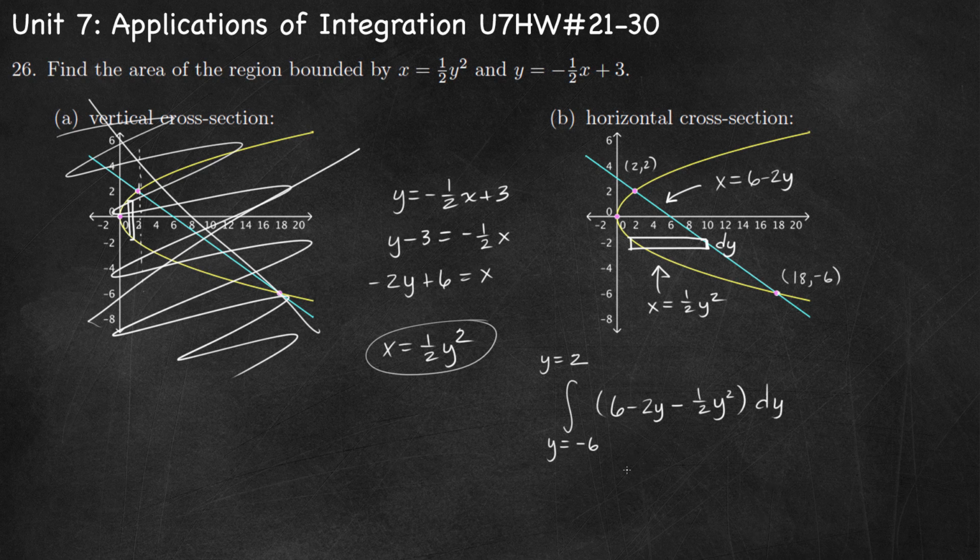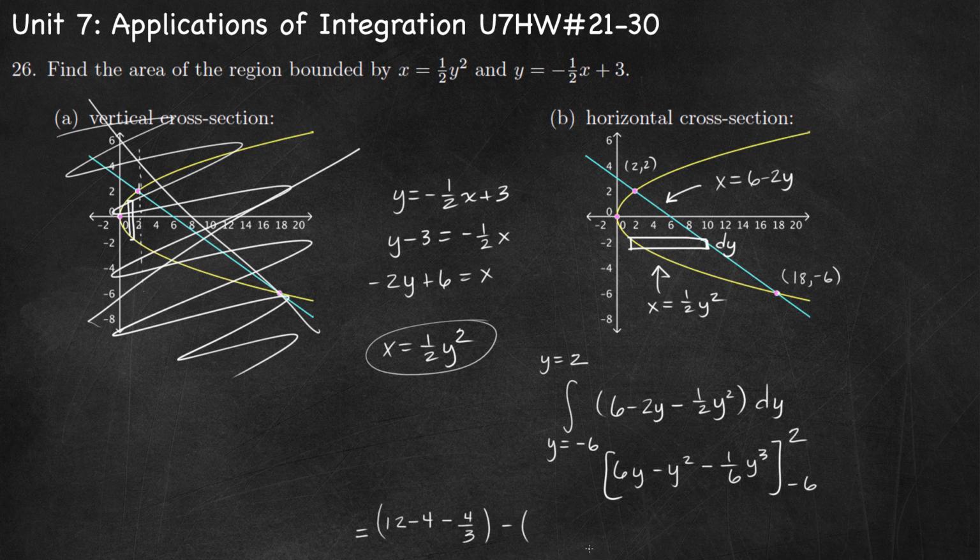And when we integrate that, we get 6y minus y squared minus 1/2 y cubed over 3. And then we evaluate from negative 6 to 2. So when I sub in the 2, I'm going to need some room here. When I sub in the 2, I get 12 minus 4 minus 8 over 6 is 4 over 3.